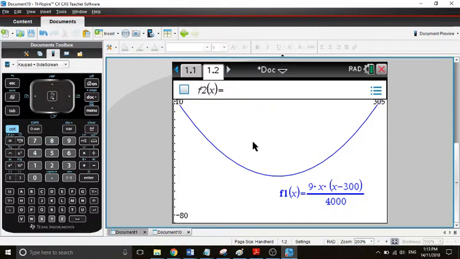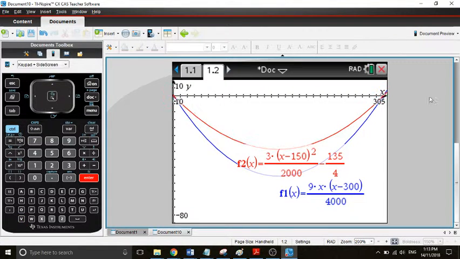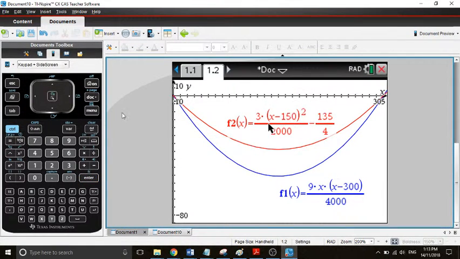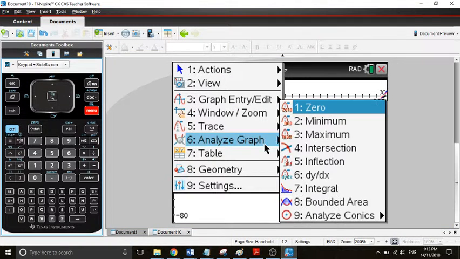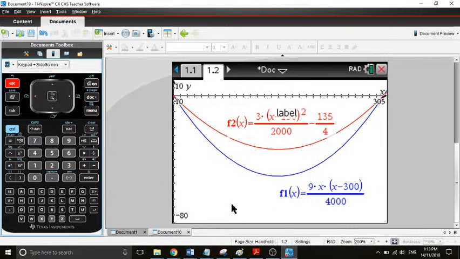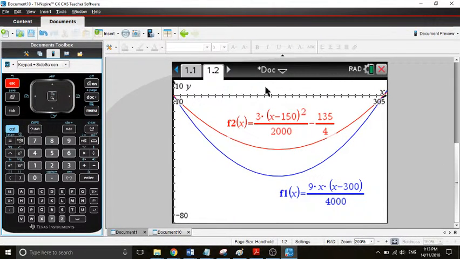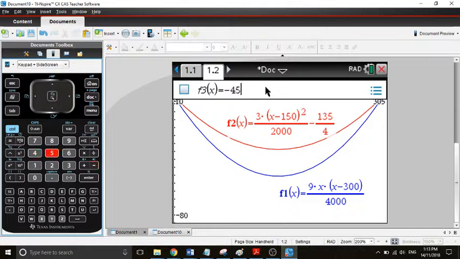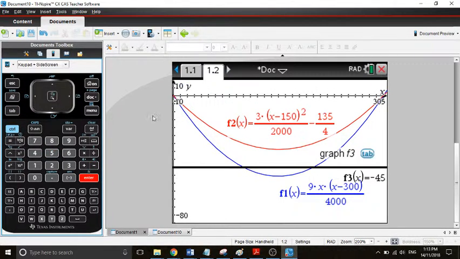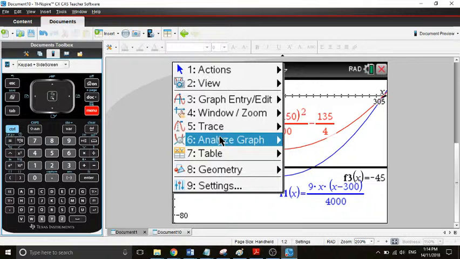We're going to graph that thing as well so we can check. So we've got the same intercepts. We've got the same kind of deal. Now, we had our original minimum. Actually, no. We want to graph a line at negative 45, so that's our original. That should be at 200, negative 45.